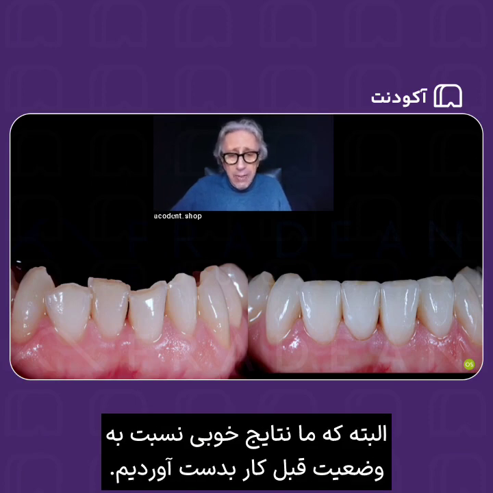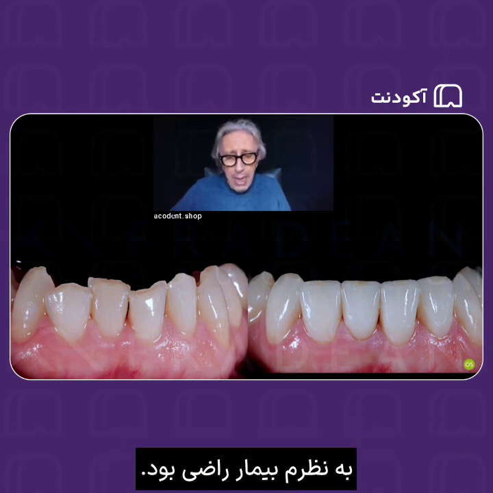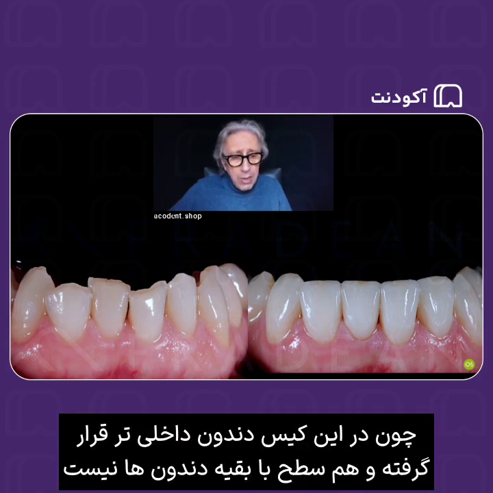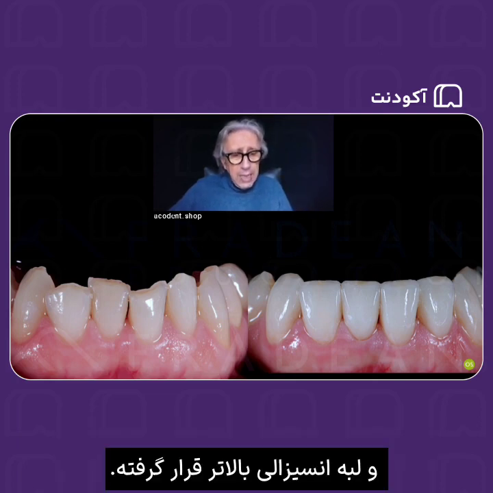Of course, we obtained a very nice result in terms of difference between before and after. I believe that the patient was very happy, but still, the right central incisor of the lower arch seems to be more unnatural because it's not the same level of the outline. In these cases, the position of the tooth is more in, and the incisal edge is higher.